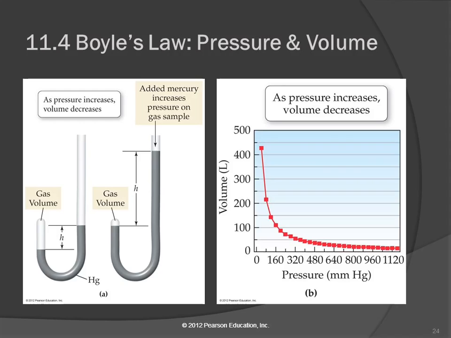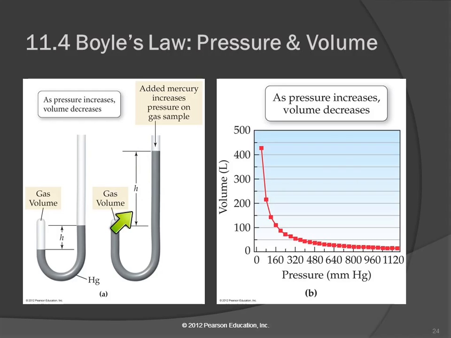So what he did is he was messing with the pressure of the gas and measuring the volume. He could change the pressure by increasing the amount of mercury. Just pour some more mercury in there. It causes the mercury over here to come up and squeeze the gas, but the pressure is still measured by the difference in these two column heights.